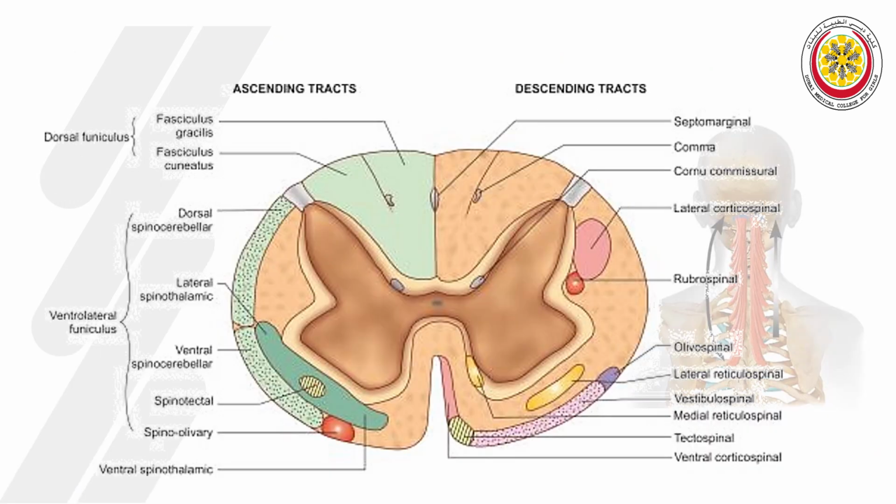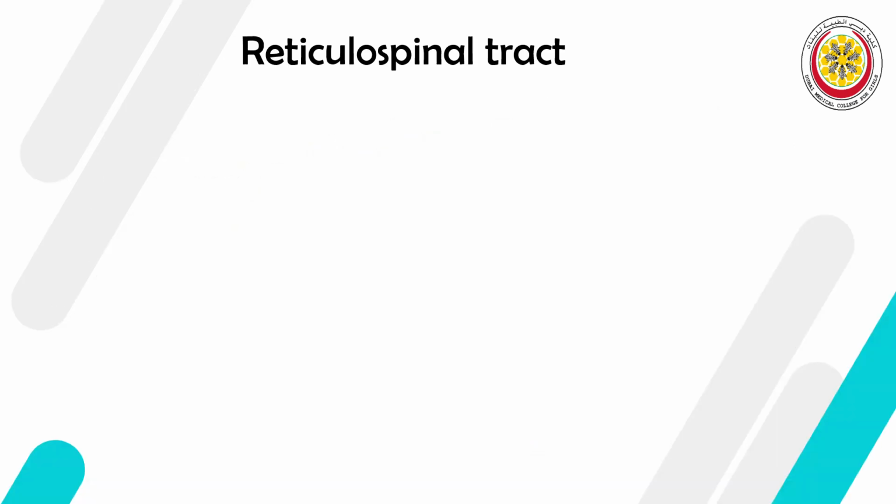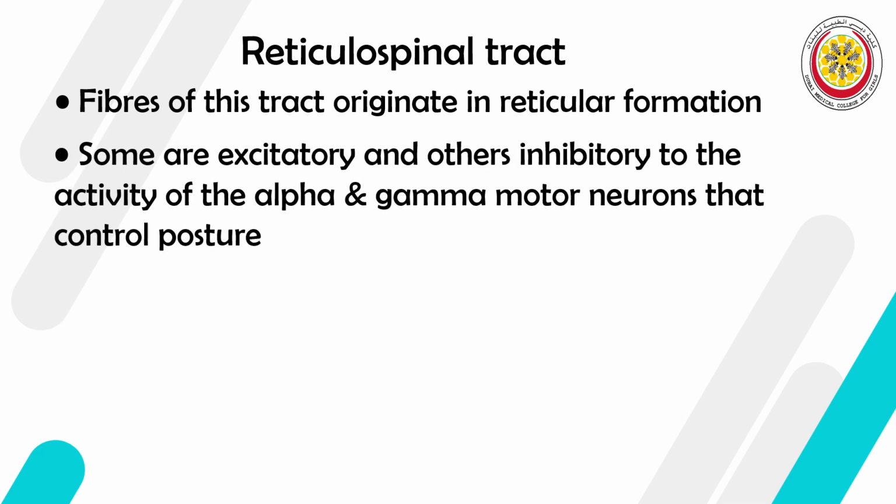Now, these are the descending pathways. You can see the corticospinal, the lateral one. You have the rubrospinal next to it. The olivospinal is there. Reticulospinal, the lateral one. Reticulospinal, the medial one. This is the ventral corticospinal, and this is the tectospinal. These are now very quickly. We already mentioned this. The reticulospinal are, of course, two.